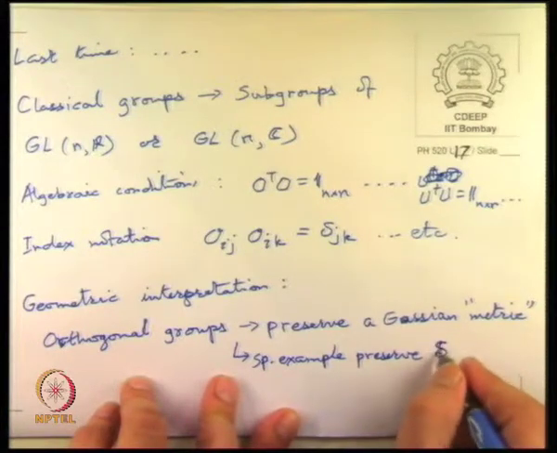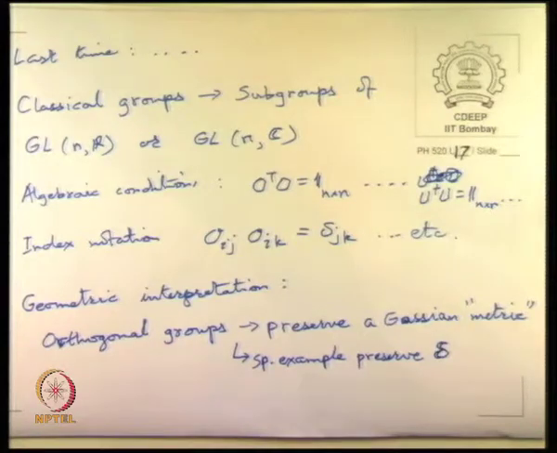Okay. So writing it as if it is some symbol, metric delta, a matrix which is simply Pythagorean.